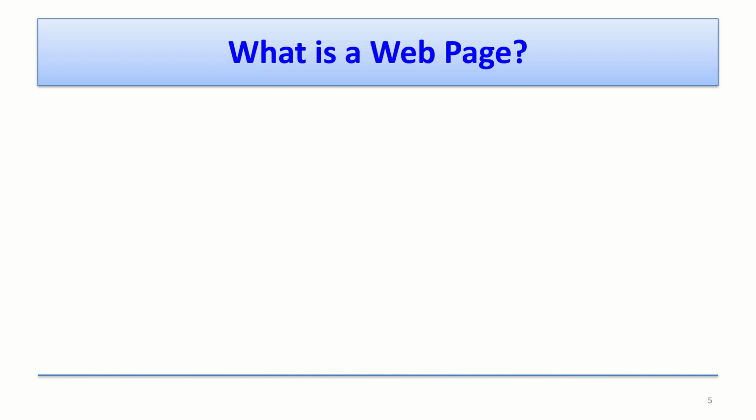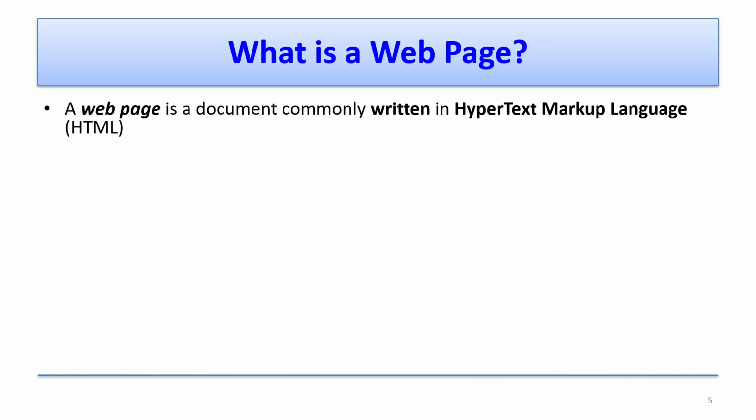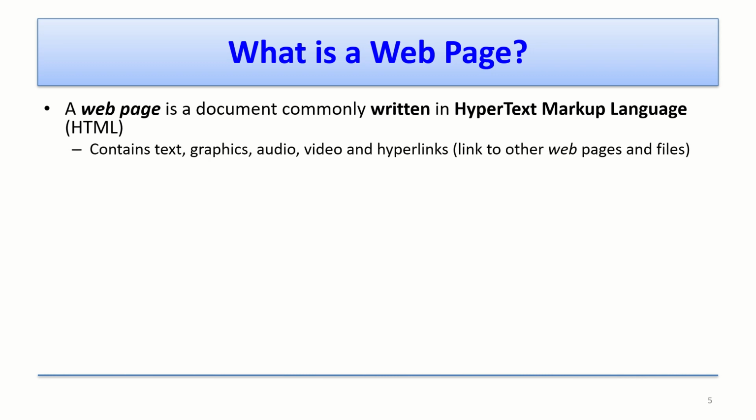Then I told you that a website is a collection of web pages. Then what is a web page? A web page is a document which is commonly written in hypertext markup language, we call HTML. A web page contains text, graphics, audio or video, or a link to another web page.